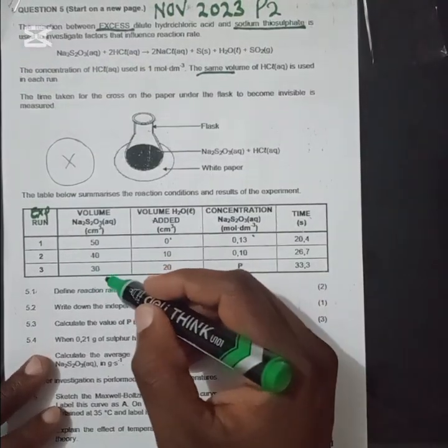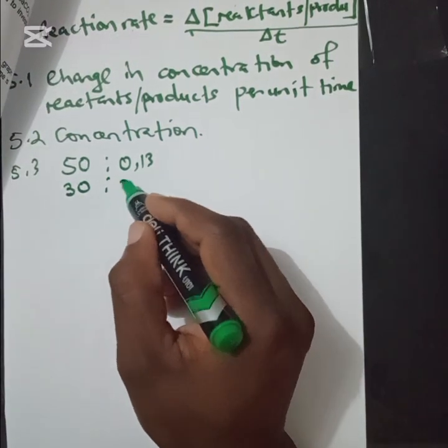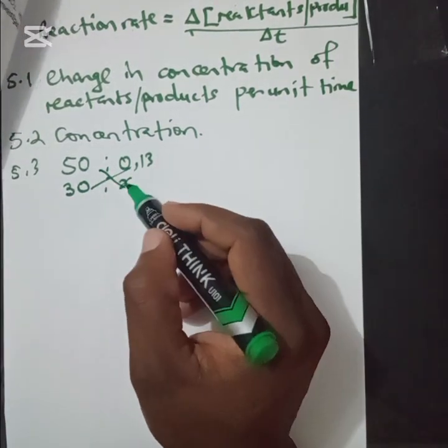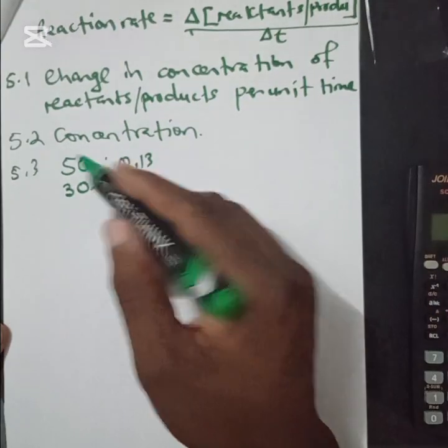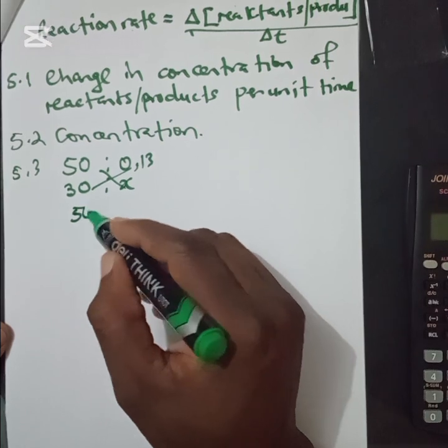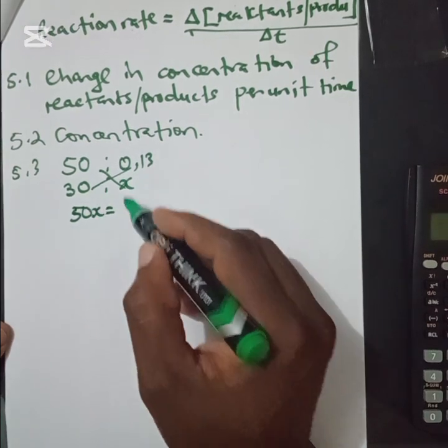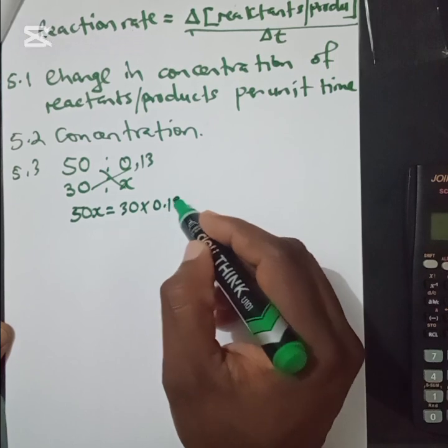Then the 30 is to x. Then we cross multiply. It becomes 50x equals 30 times 0.13.